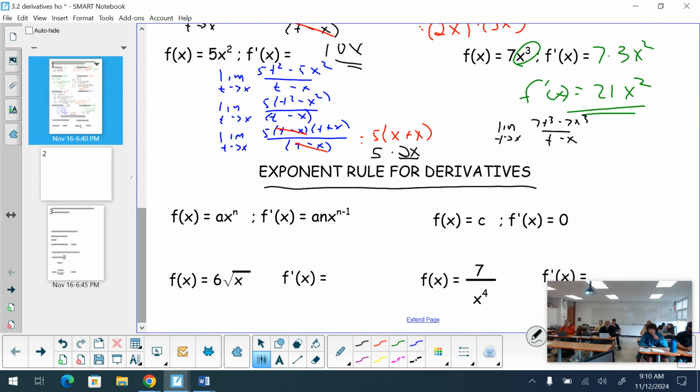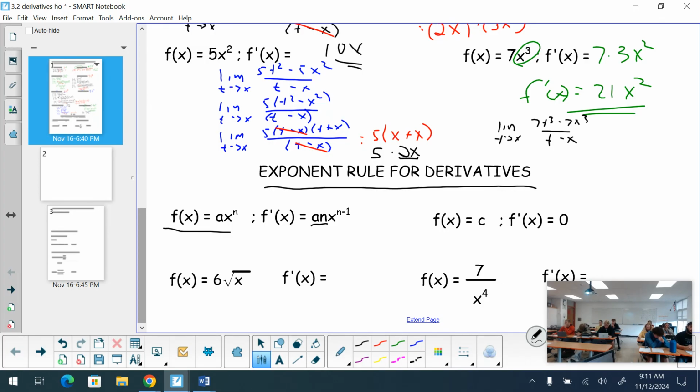When dealing with the exponent rule, if I have a function in the form of a times x to the nth power, and we want to find the derivative of ax to the nth power, we take our exponent, move it out front, multiply our coefficient by our exponent, and then subtract 1 from our exponent.